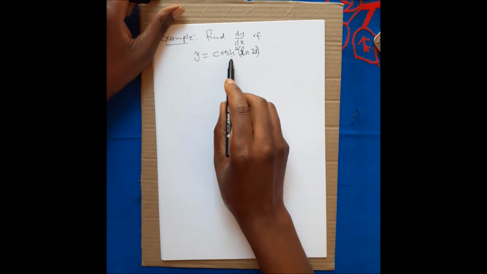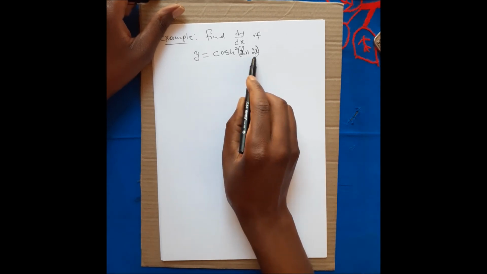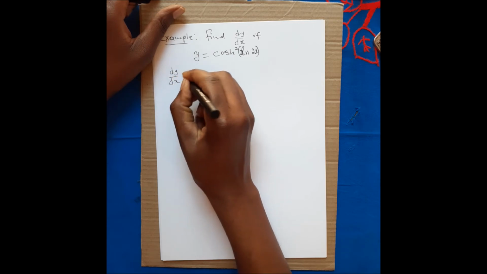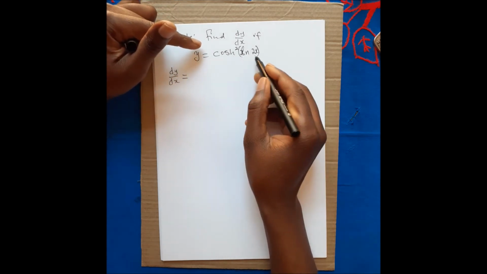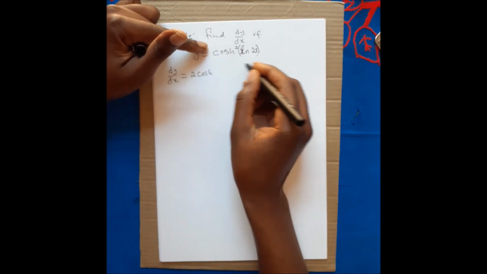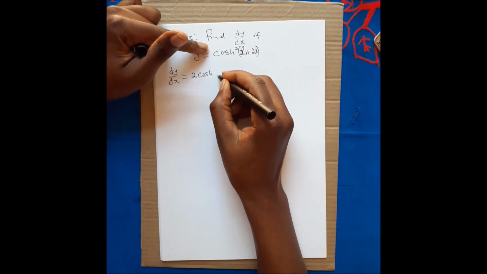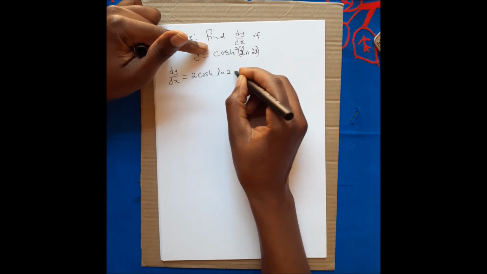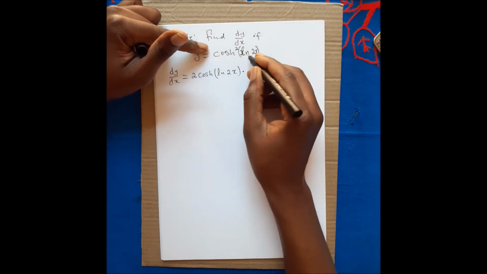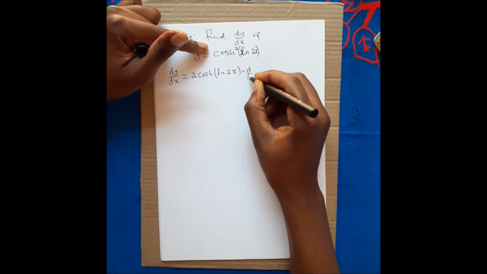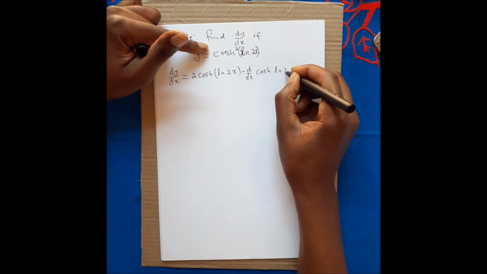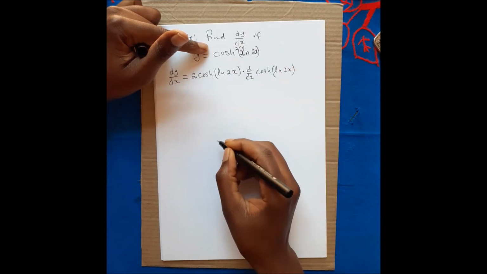The hyperbolic cosine of the ln of 2x, right? So dy dx will be equal to, we are going to apply chain rule. This will be 2. Then we copy cosh, our argument is ln 2x. Then multiply this by the inside function. In other words, we multiply by the derivative of cosh of the ln of 2x, like that.